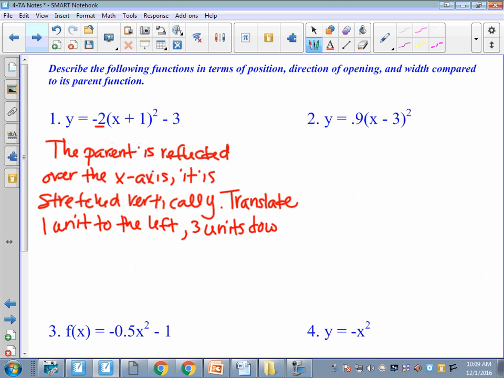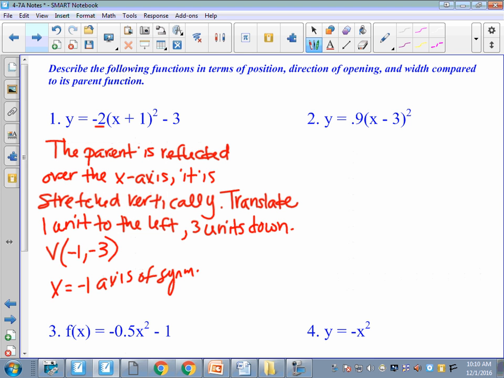Remember, when we talk about translating, we have to say translates. We have to say how much, so the units, and then which direction, up, down, left, or right. And there you have it. We could actually also say that we have a vertex of (-1, -3). Okay, and then we could also say that the axis of symmetry is the equation x equals -1. Just by looking at the equation, I have not done any calculating to graph anything. I can just describe it.